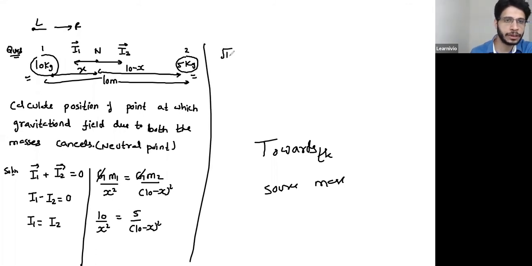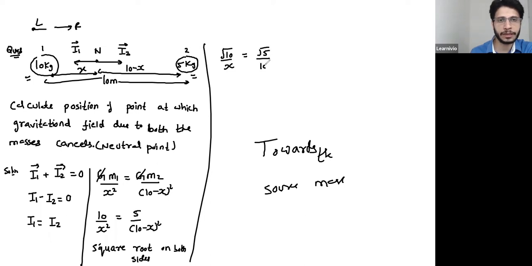I'm taking square roots on both sides. Root 10 over x, and this is root 5 over 10 minus x. If I cross multiply them, this is root 10 times (10 minus x), which is root 5 multiplied by x.